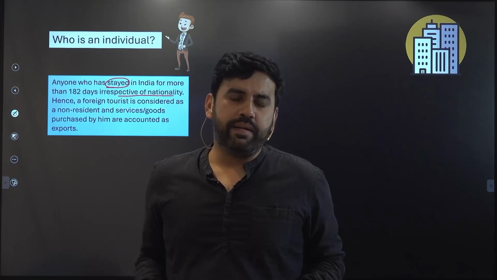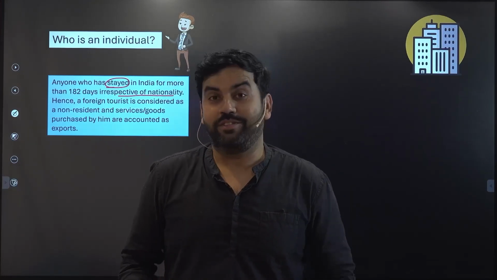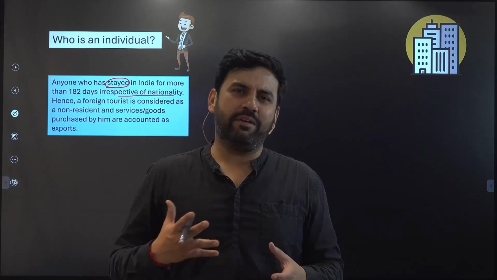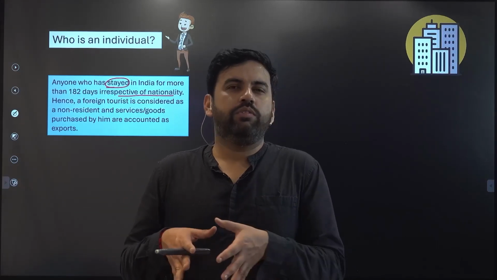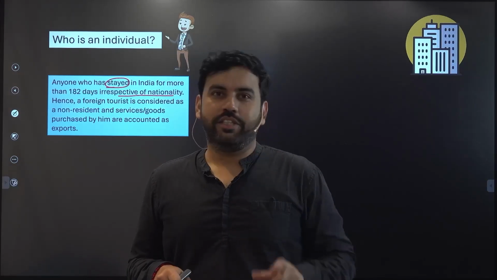Let's say some players are coming to play a cricket match. They are not going to stay in India for 6 months or more. Politicians, delegations, businessmen and tourists are coming, and none of them stay for more than 6 months. That's the biggest logic.